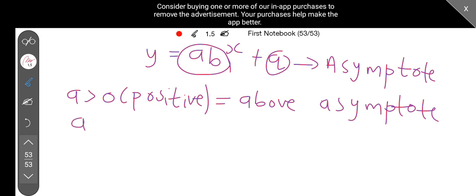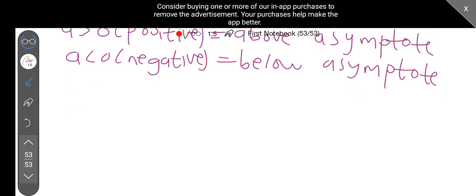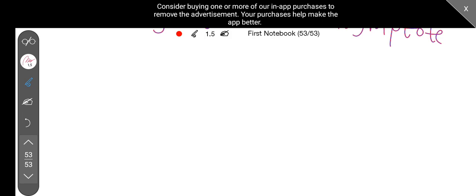And then if a is less than 0 or negative, the graph will be below the asymptote. Okay, so let's look at the condition for when a is positive.